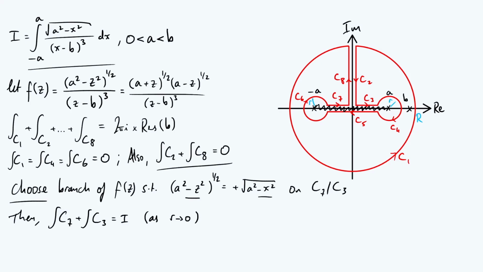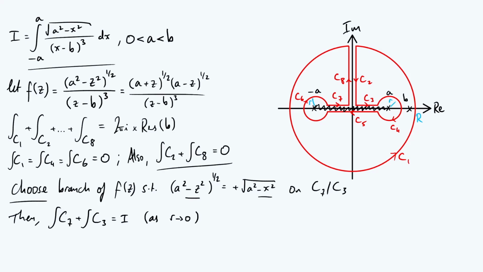We're also implicitly taking the limit in which C2 and C8 are getting squeezed in closer and closer to each other, and saying that the integral over C7 plus the integral over C3 is just the same as integrating along one big straight line immediately above the branch cut.